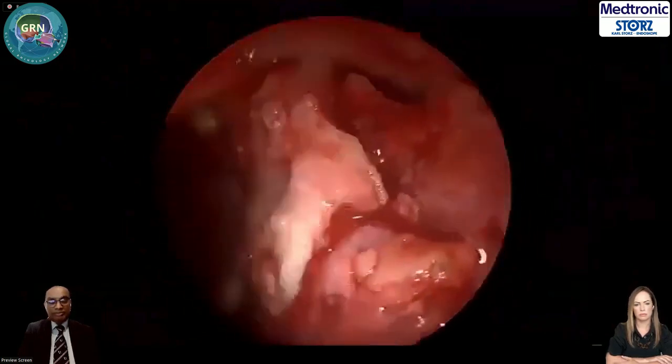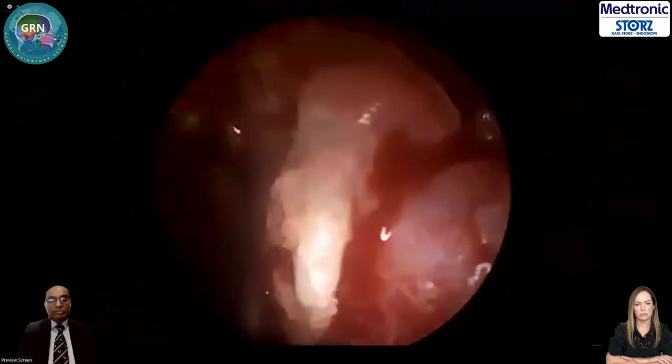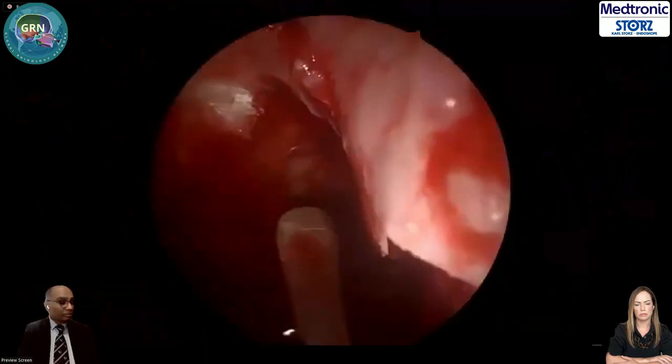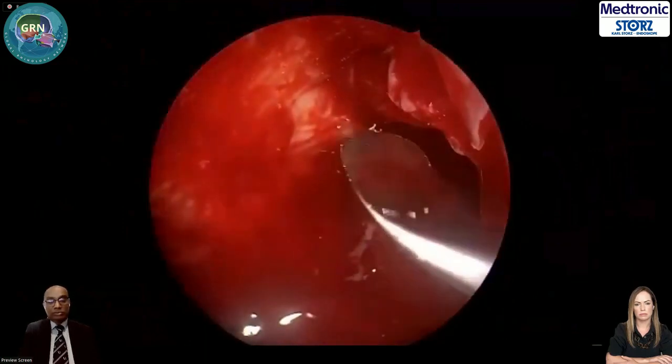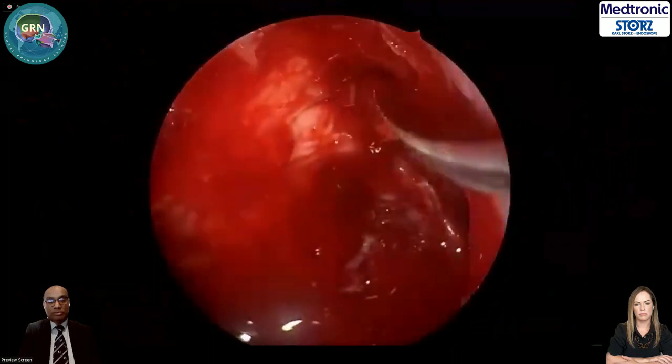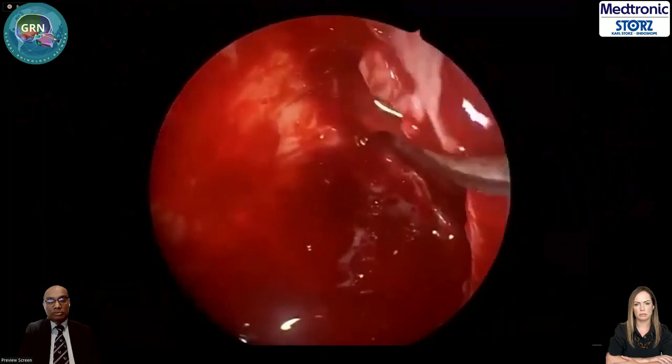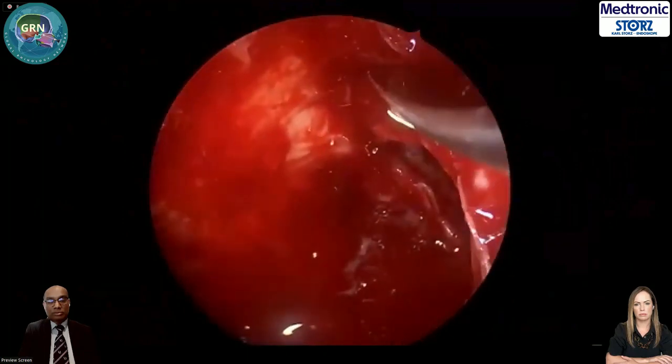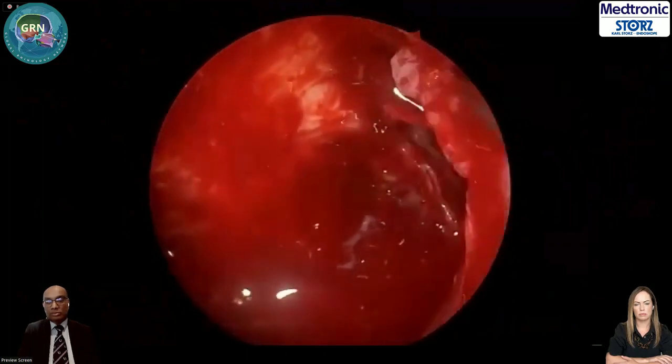This is the lacrimal pathways, and now I have a 45-degree scope. I look in the superior portion, and here there is still some tumor.